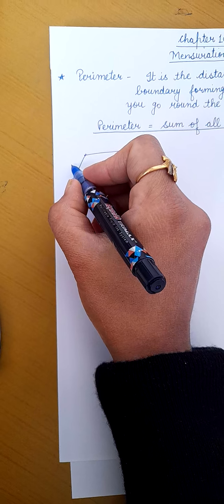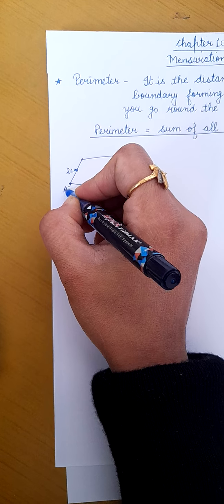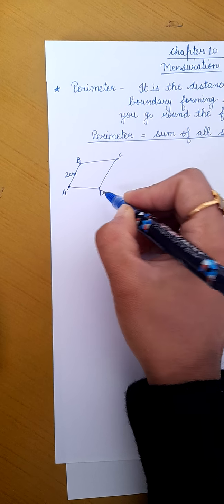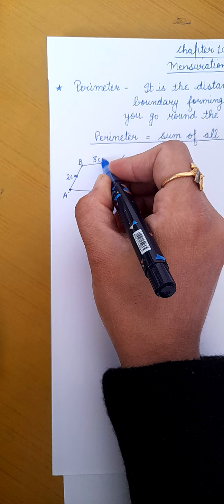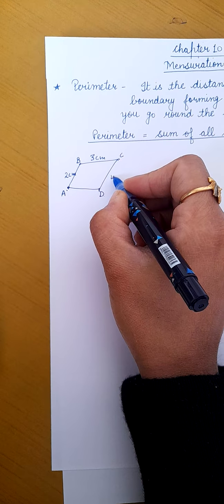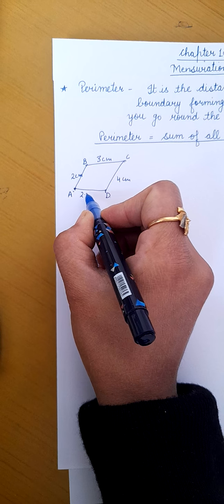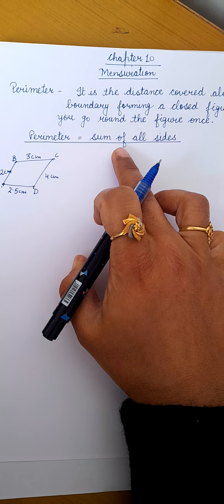What is the name of this figure? It is a quadrilateral. Let's name it ABCD. If AB is 2 centimeter, BC is 3 centimeter, CD is 4 centimeter and DA is 2.5 centimeter, then according to the formula, what is the perimeter?